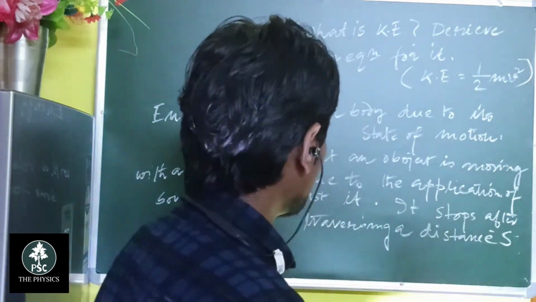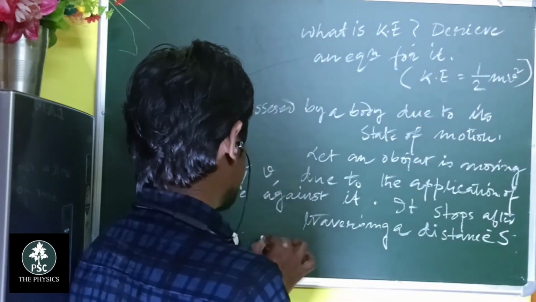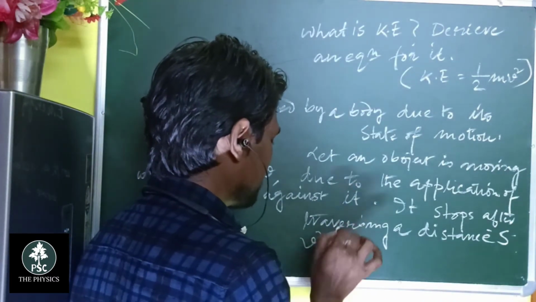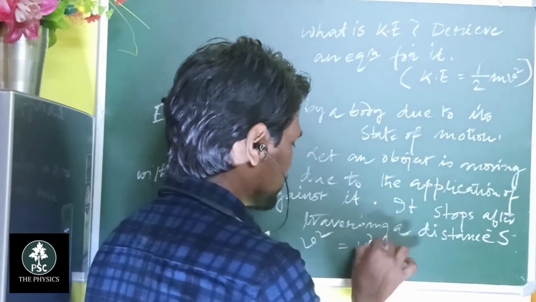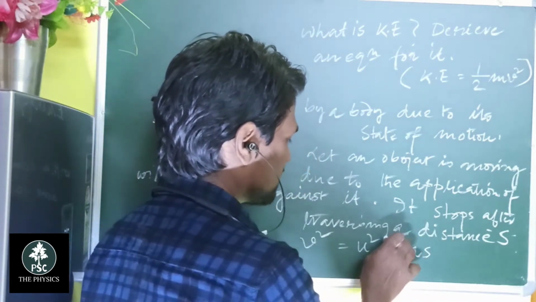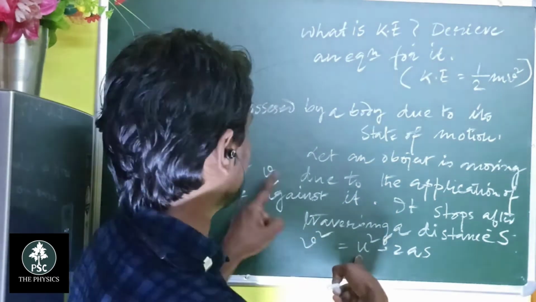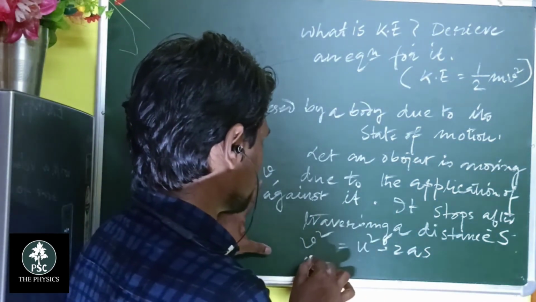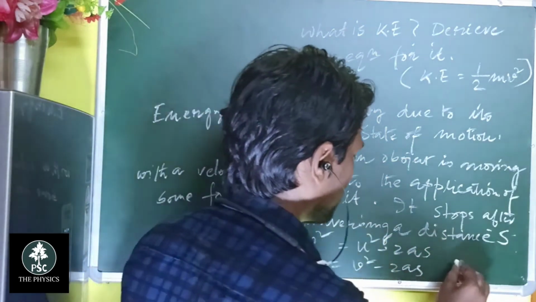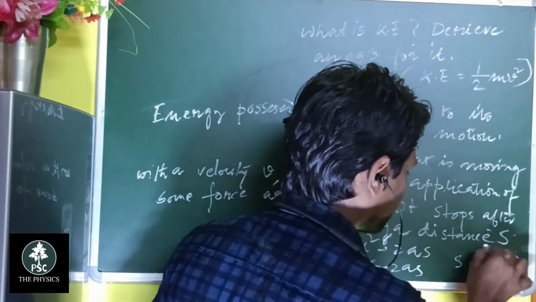If the distance traveled by it is s, then you can easily apply the equation v square equal to u square minus 2as, and here minus is due to the retardation. The final velocity is 0 but the initial velocity is v, so you can write 0 equal to v square minus 2as, or s equal to v square by 2a.